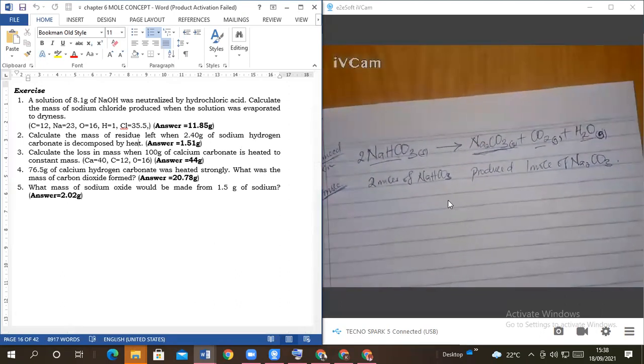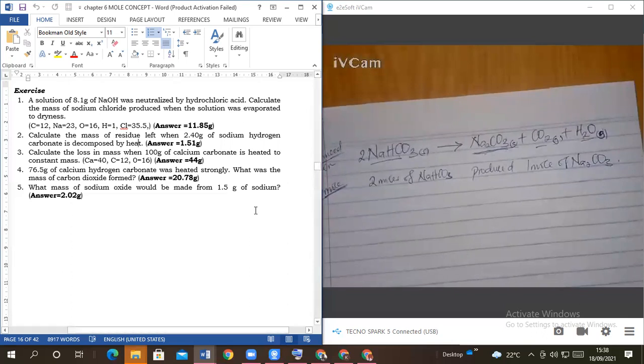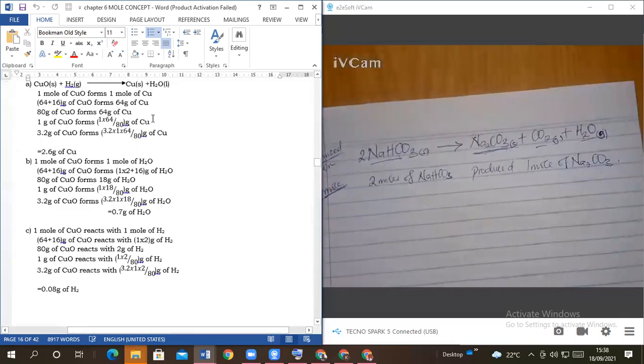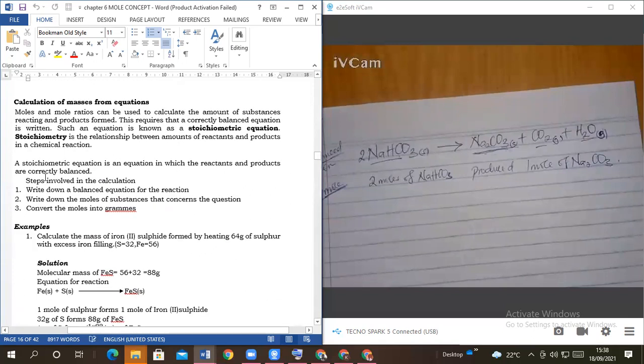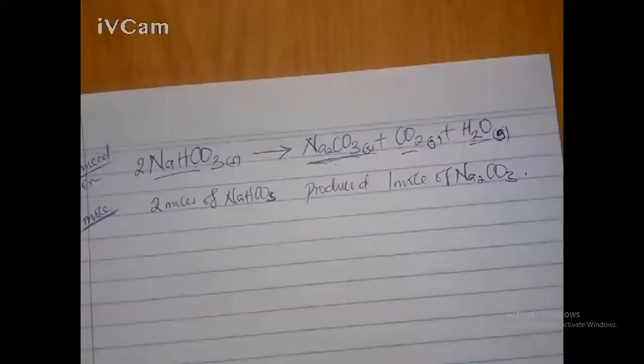Leave out what is not concerning the question, like carbon dioxide and water. If they ask for the mass of carbon dioxide produced, you take this and carbon dioxide. If they want water, you take this and water, because this is what they have given you.